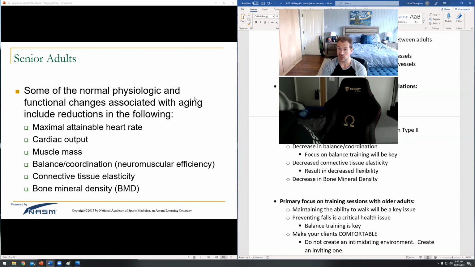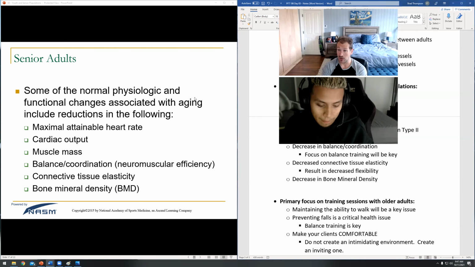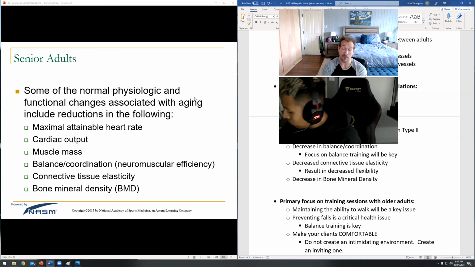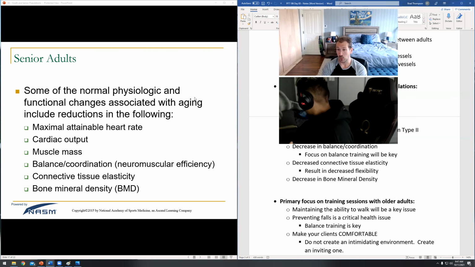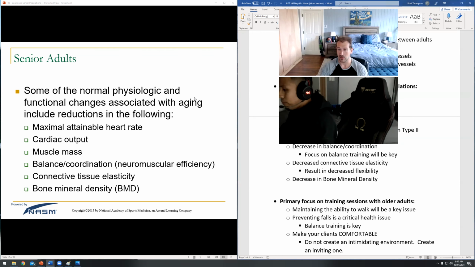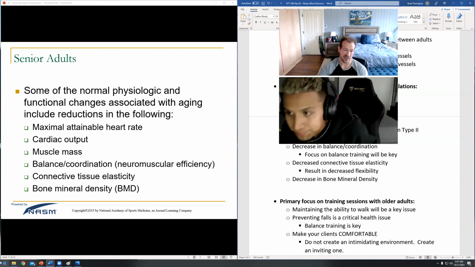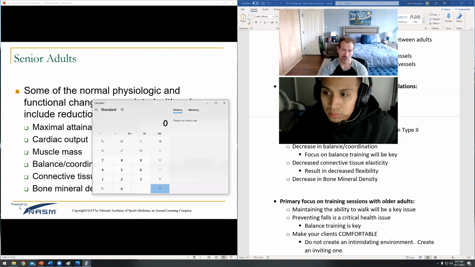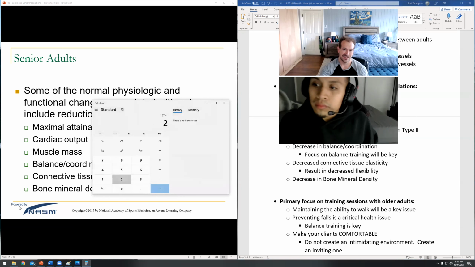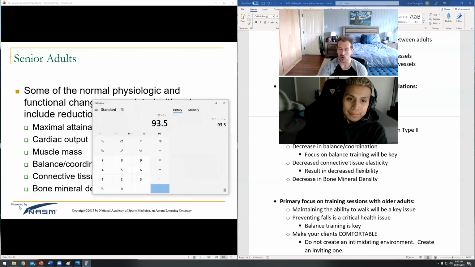If my 1 rep max is 200 pounds, I want to work at 50% of that. I'm going to lift 100 pounds on the bar. Same thing is true on the treadmill. We don't use a number like 6.5 or anything like that, but we use a heart rate number. If my max heart rate was 187, then 50% of that is 93 and a half, 94.